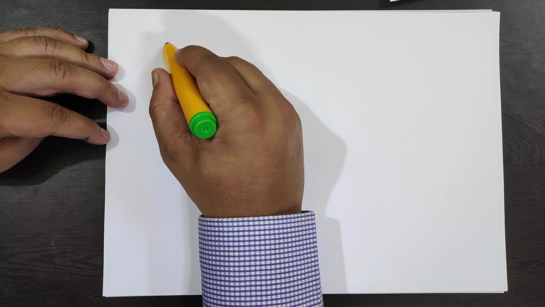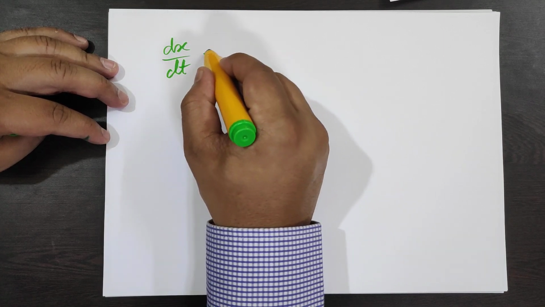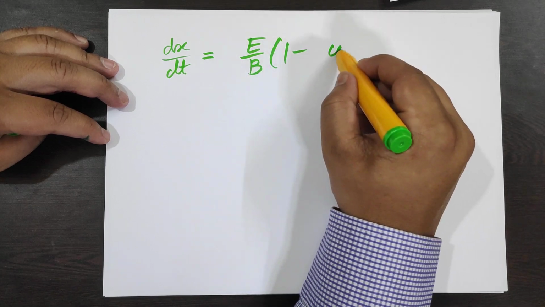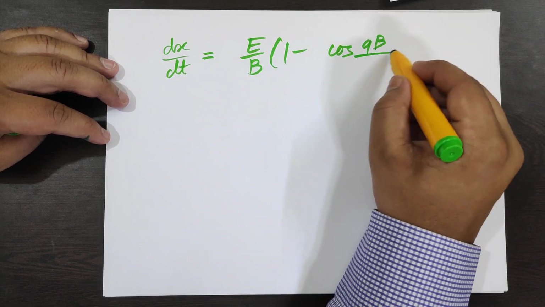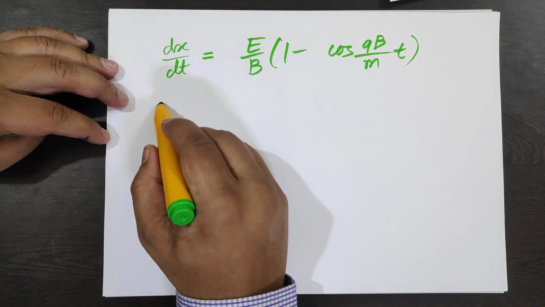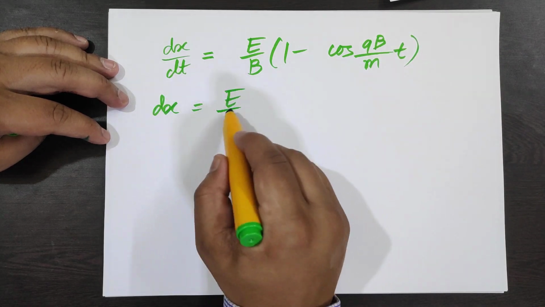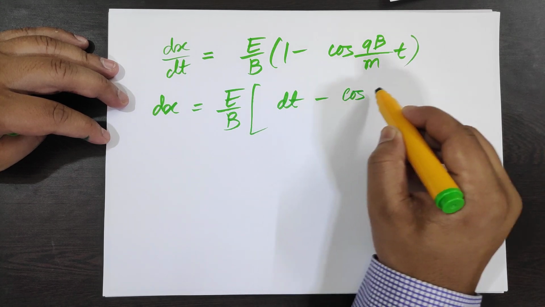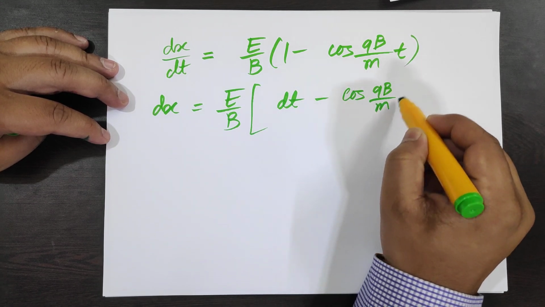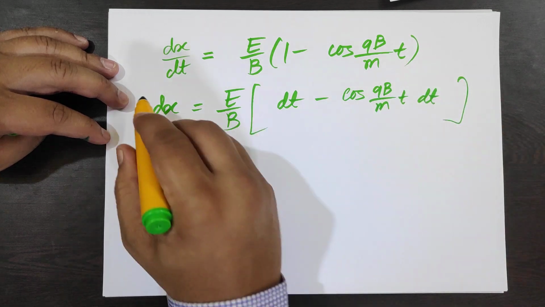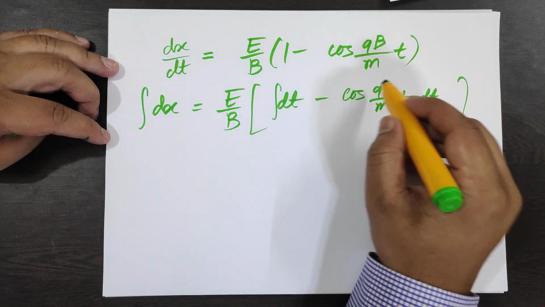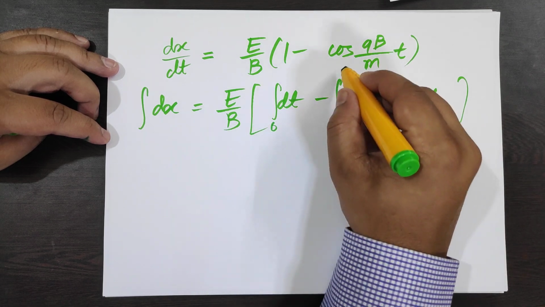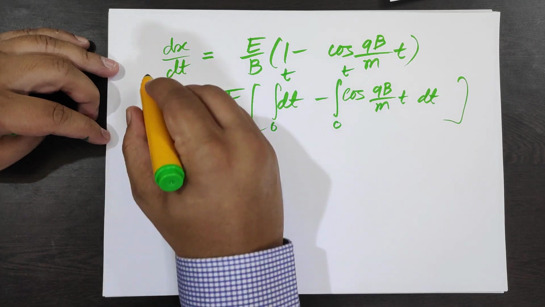So dx/dt equal to E by B into 1 minus cosine qB by m times t. So dx equal to E by B times dt minus cosine qB by m t times dt. So there it is, 0 to t, 0 to x.